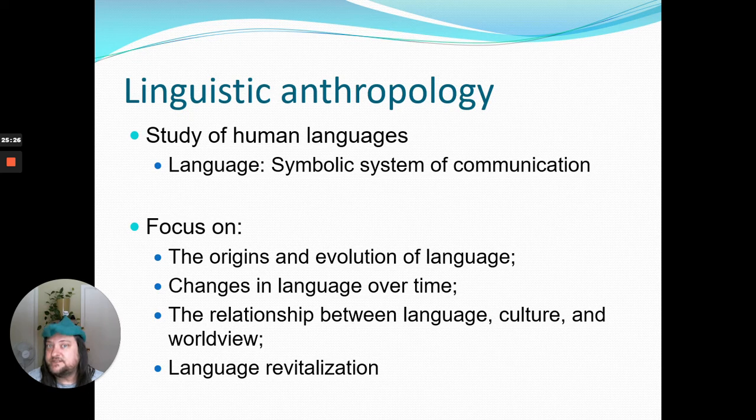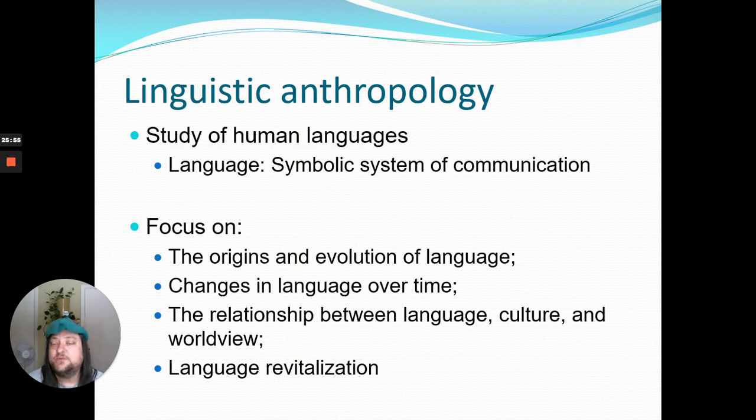Although linguists tend to wind up learning a lot of languages. Language can be defined as a symbolic system of communication. You'll see different definitions for language. It's something we all use all the time in one way or another, whether we speak it, write it, use sign language, or all kinds of ways of communicating. Linguistic anthropology also touches on other forms of communication like body language and other symbolic systems.